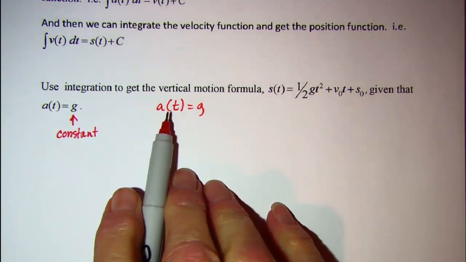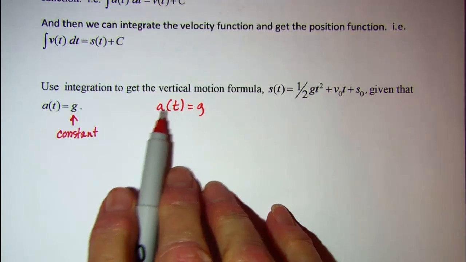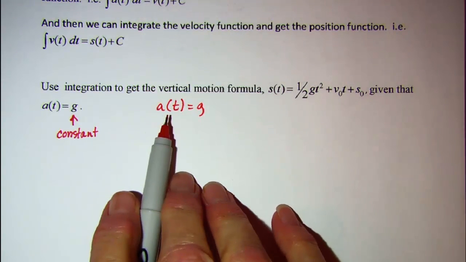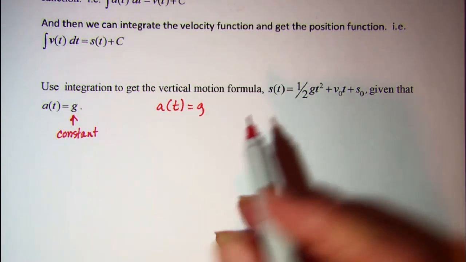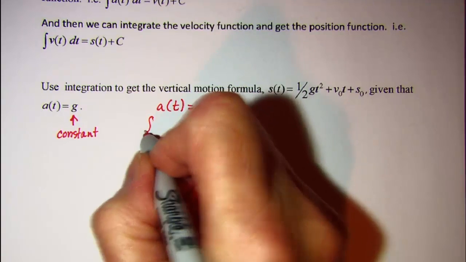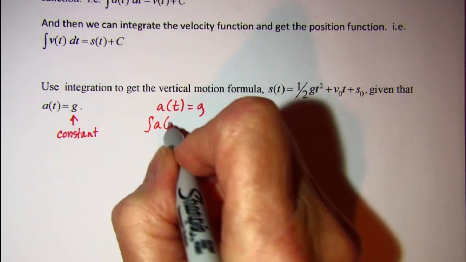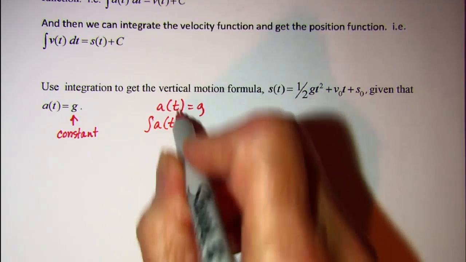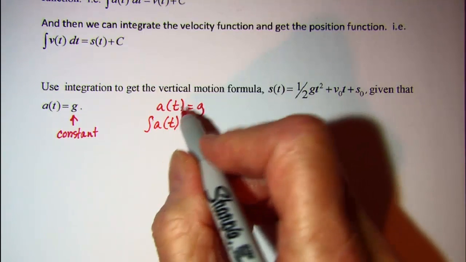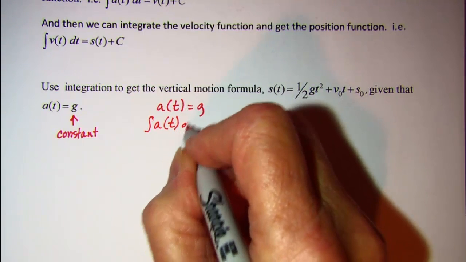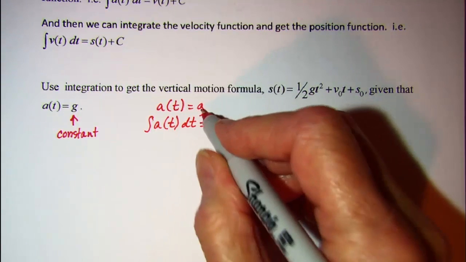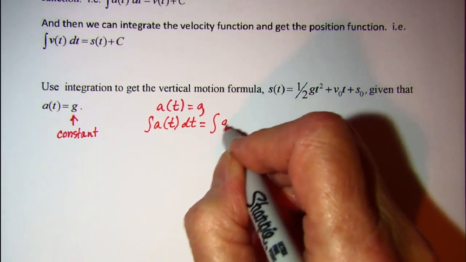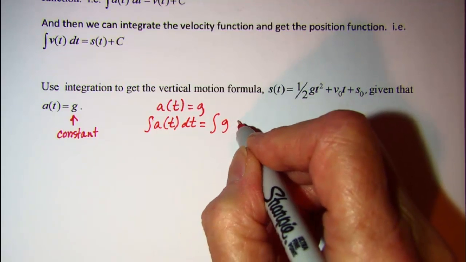Now we know that we need to integrate acceleration to get back to velocity. So we're going to integrate both sides of this equation. We have the integral of a of t, and the variable on this is t, so we'll have to integrate with respect to t. And then the integral of g with respect to t.